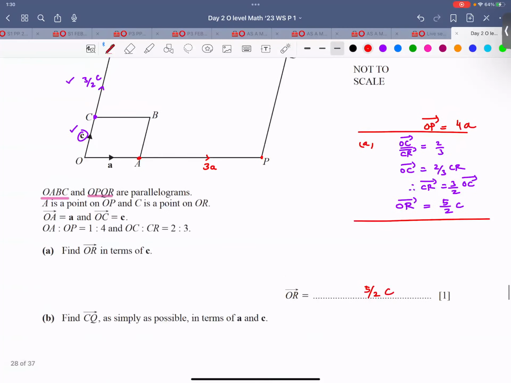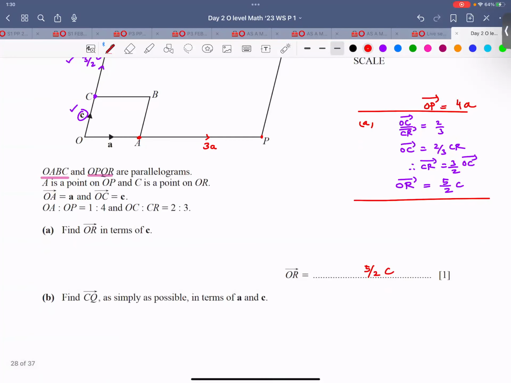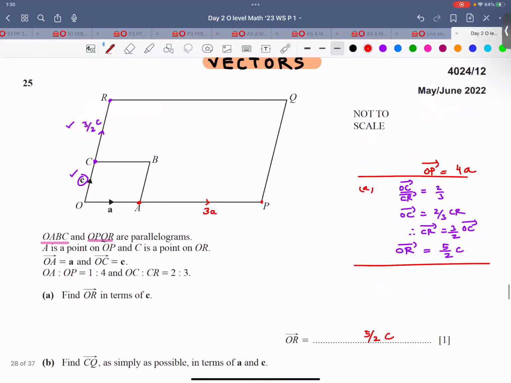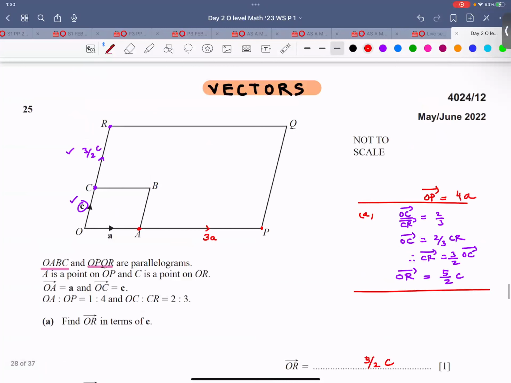Now express CQ as simply as possible. What is CQ? I have to go from C all the way till Q. So let me go from C till R and then R till Q. Since it's a parallelogram, opposite sides are parallel as well as equal in length. In other words, this is a and this is 3a, so this is 4a.